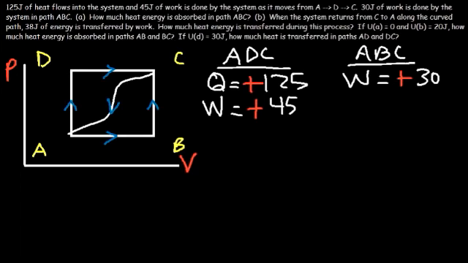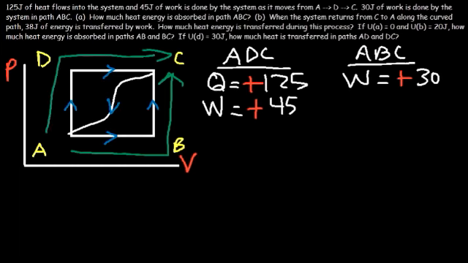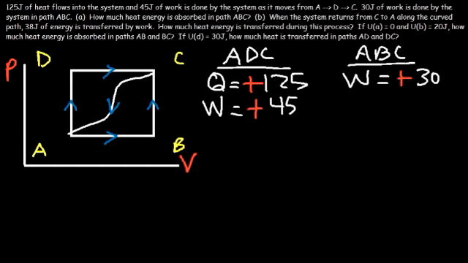To answer this question, it's important to realize that internal energy is a state function. The change in the internal energy in going from ABC or ADC is the same. So if we can find delta U for this path, we can use it to find Q in path ABC.